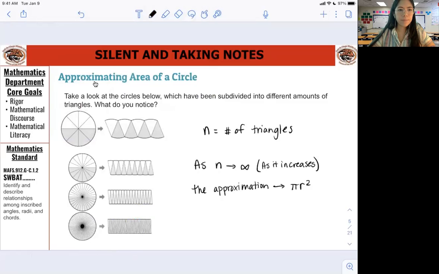Sorry, my GeoGebra is glitching slightly. It's taking forever.